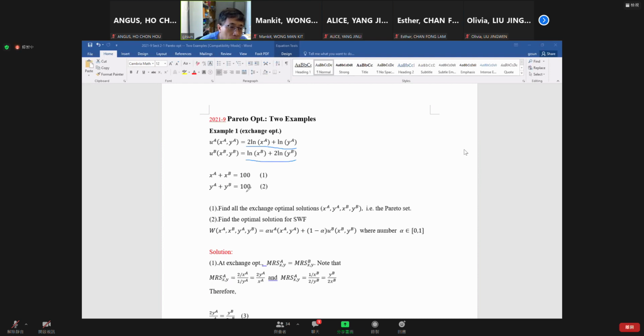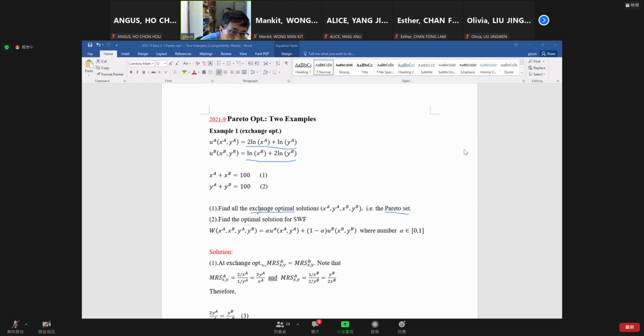It's the same problem, and we are asked two questions. One, what's the exchange optimal solution? That is, if we put all such good solutions together, we get a set. We call this set the Pareto set.